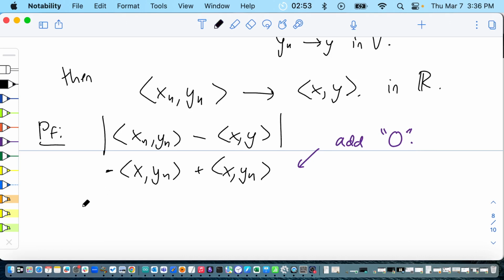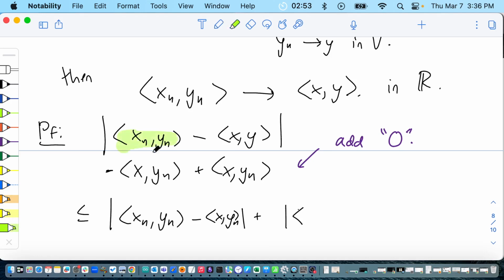And now we do regular triangle inequality to split it into 2 things: xn, yn minus x, yn, plus, the second one, where the y's are changing, x, yn minus xy.